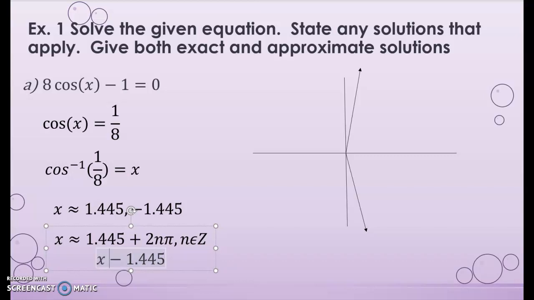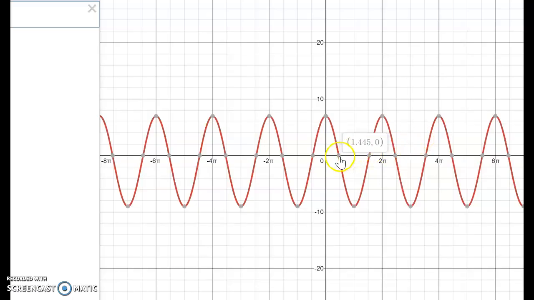Okay, and then I have a second line where it says x is approximately, because this 1.445 plus 2n pi only covers that first point right here and all the points that are 2 pi away from there. The distance between these two here are not equal. Just like the distance between these two here are not equal either.